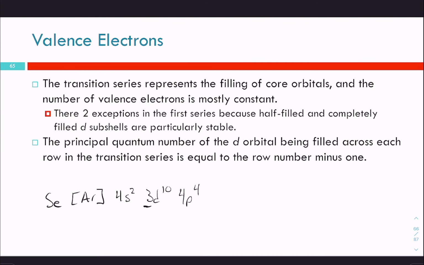So we can only have 1 through 8 valence electrons. If I ask you how many valence electrons does selenium have, it's 6. Even though we've got this 3d10 in here, it's 3, and our highest number is 4. So we don't count those in the valence electrons.